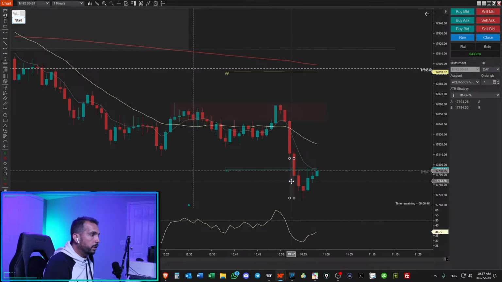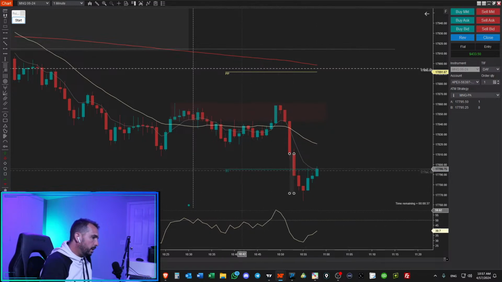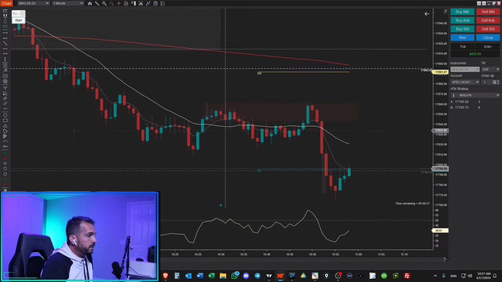Even if I wouldn't count the wick, I'd count the body just to be safe. At least it would have gone and wiped off all of the liquidity down here. Then it's gonna do whatever it wants to do. It might even go back, it might even continue down. But that was the thesis on this trade.